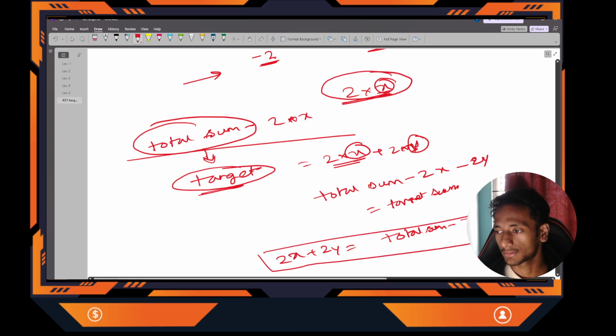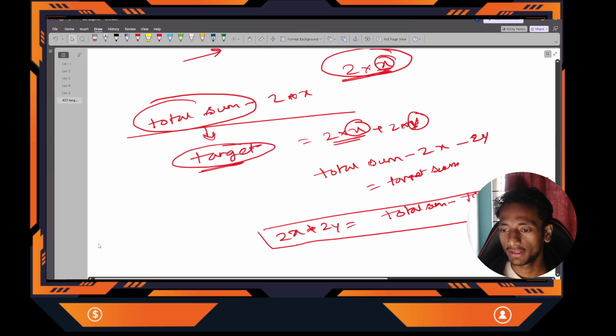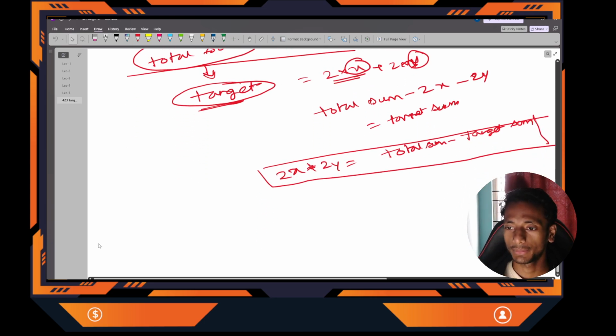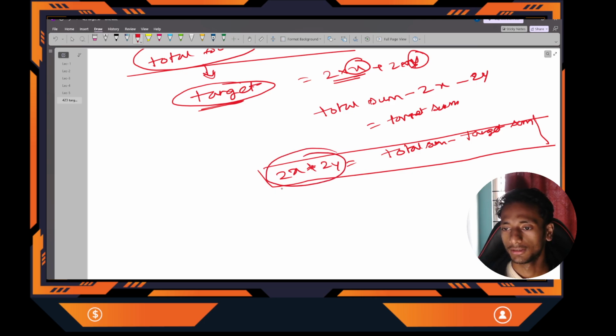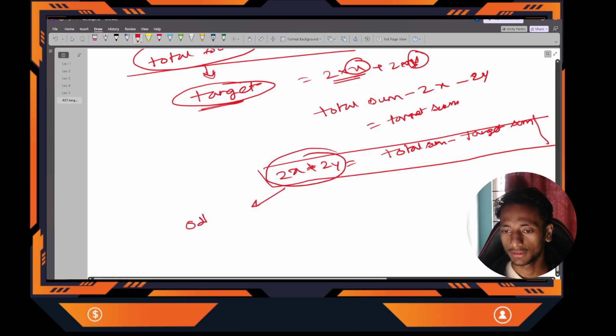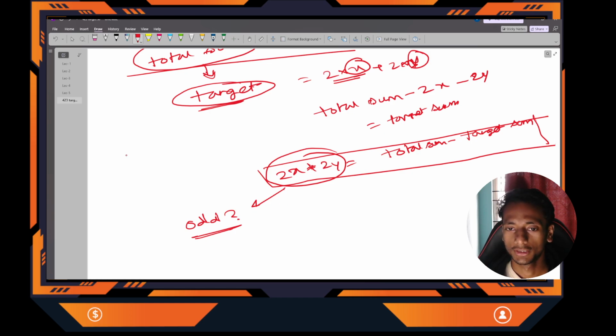So here you can observe one thing: 2 into x plus 2 into y. Is it possible to have any odd number on this left side? Let's observe. Suppose x is equal to 1, y is equal to 2. Then 2 into x will be 2, and 2 into y will be 4. Correct?